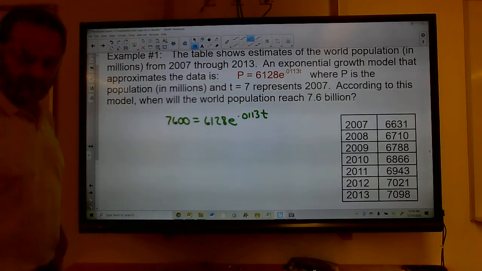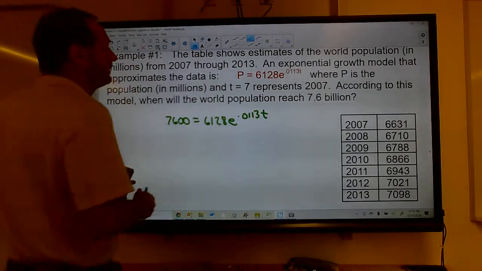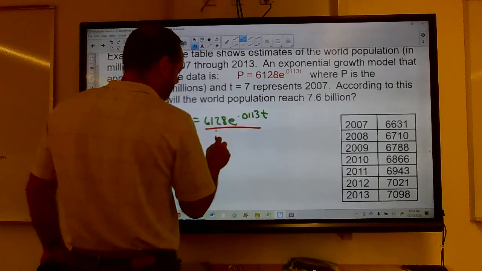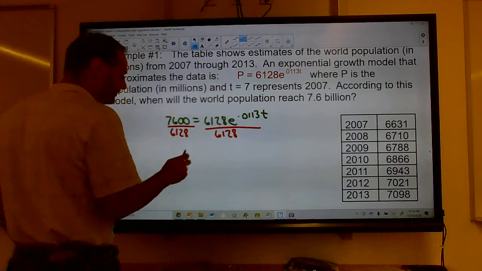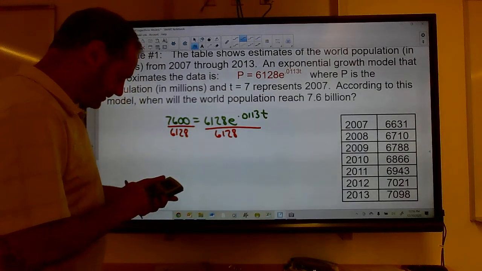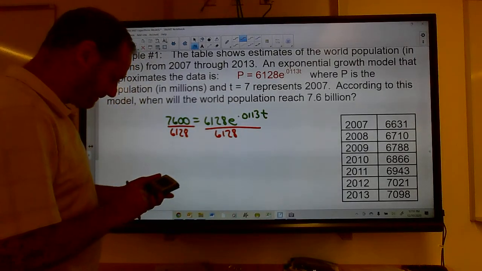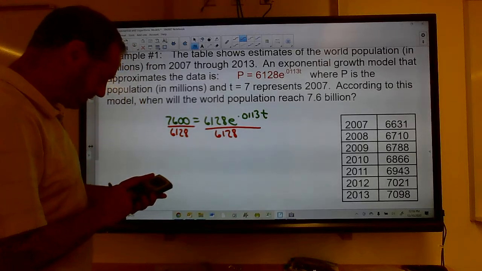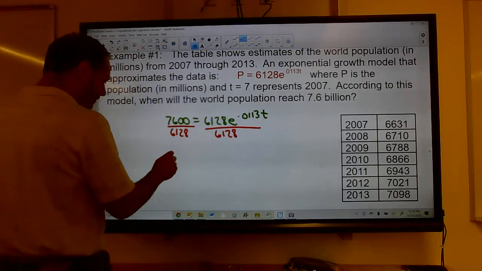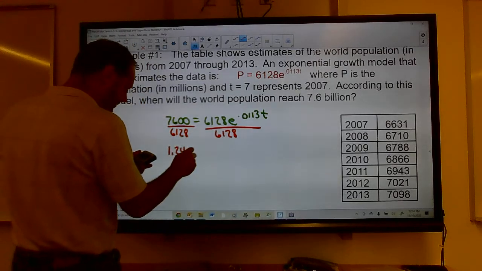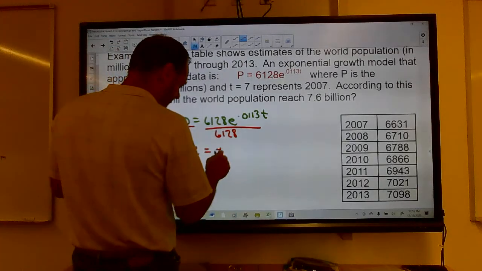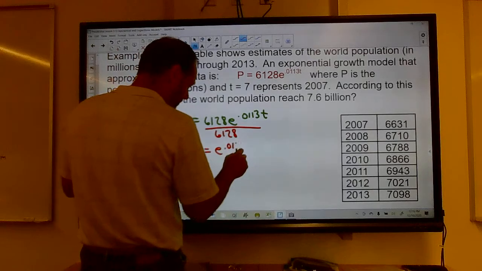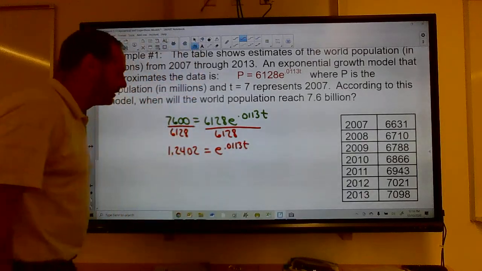All right, so our first step is we're going to divide both sides by 6,128. So 7,600 divided by 6,128, this is going to be 1.2402 equals e to the 0.0113 t power.